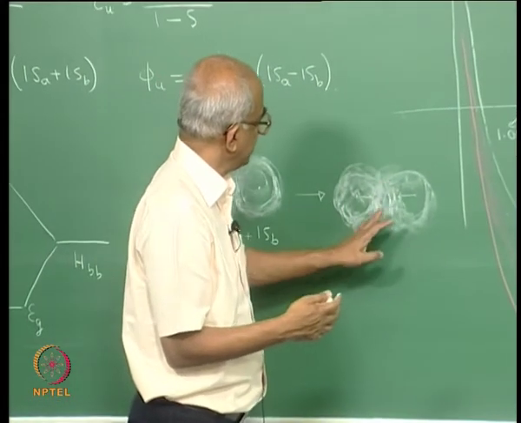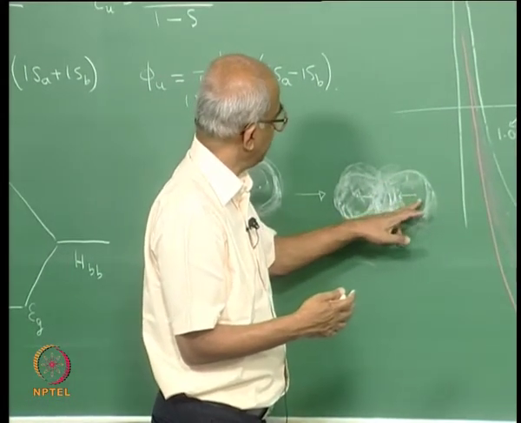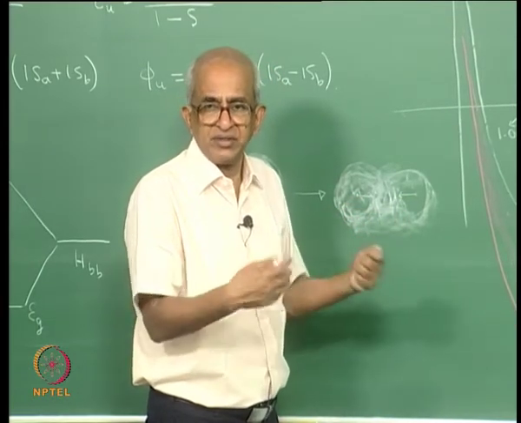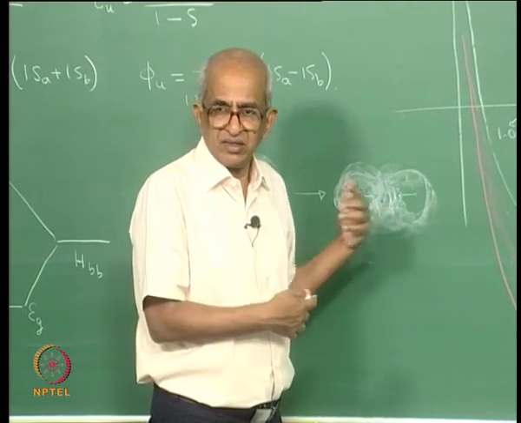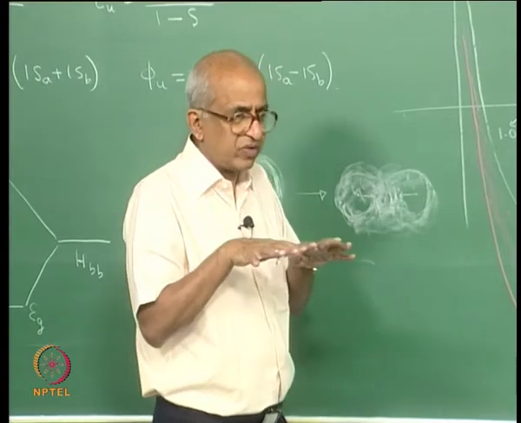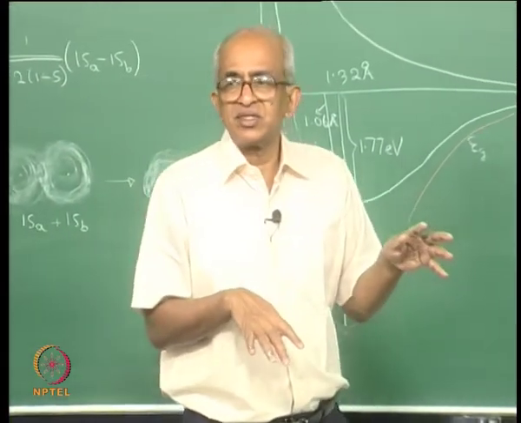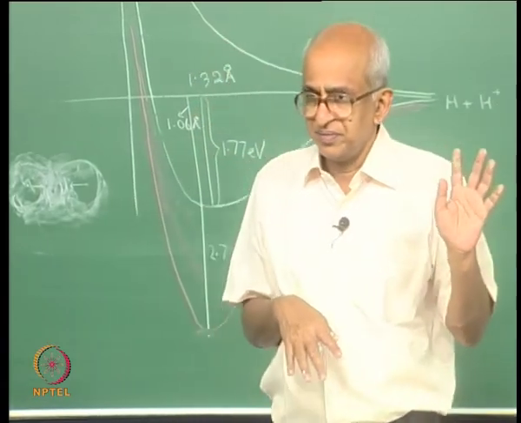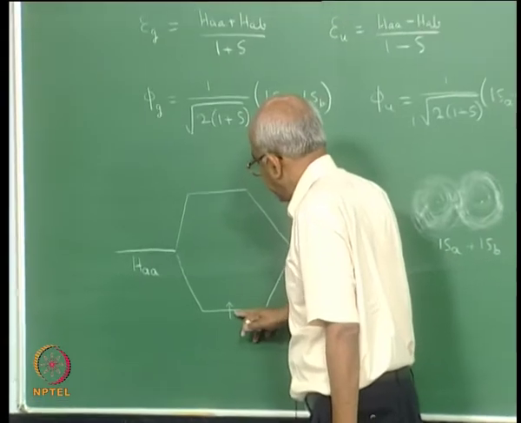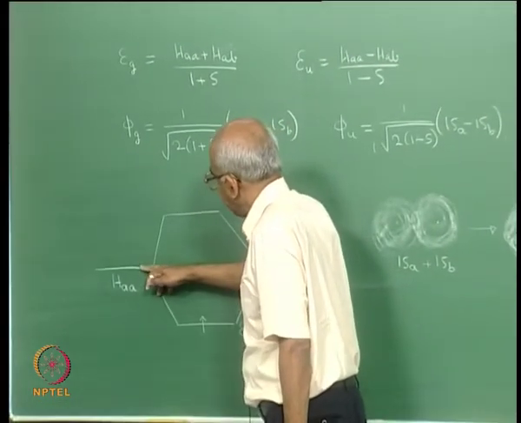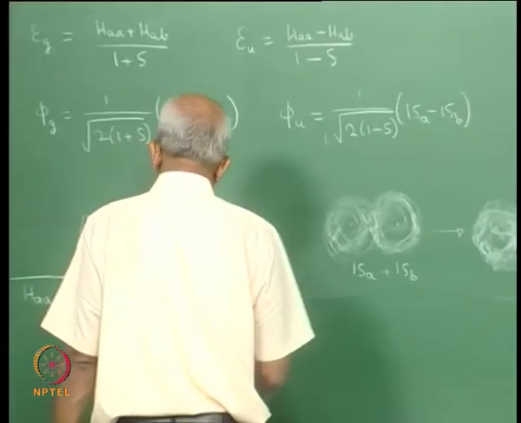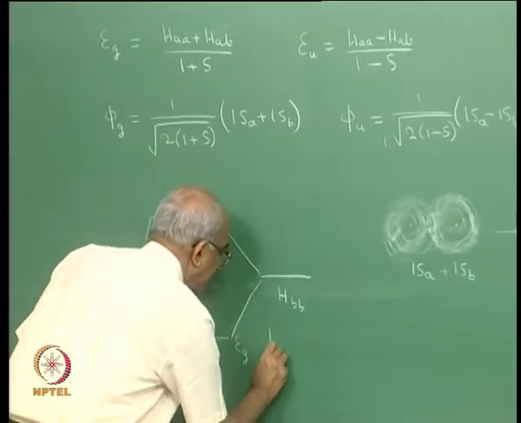This electron density screens that nucleus from this nucleus, and therefore, nuclear repulsion is reduced, right. So, that is how the energy of the system is lowered. The energy is lowered simply because electron density gets concentrated in the internuclear region, and that is why this orbital, which I say is the bonding molecular orbital, has an energy which is lower than HAA. So, we refer to this orbital as the bonding orbital.